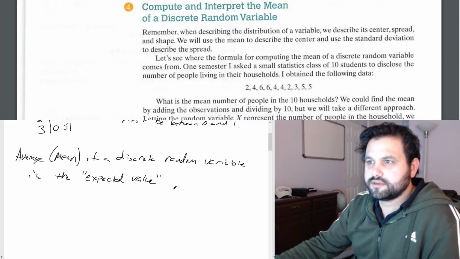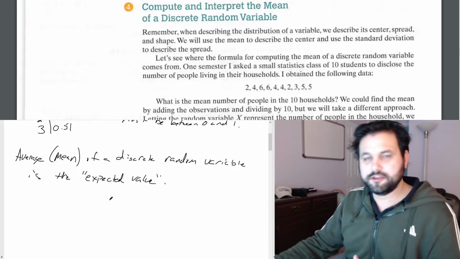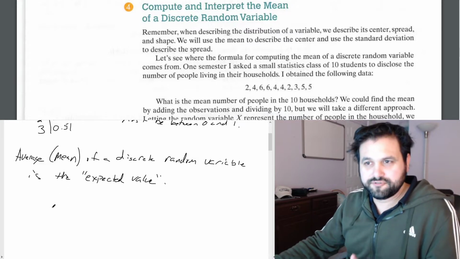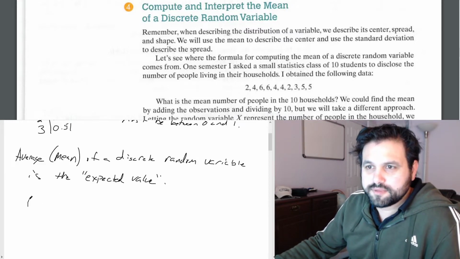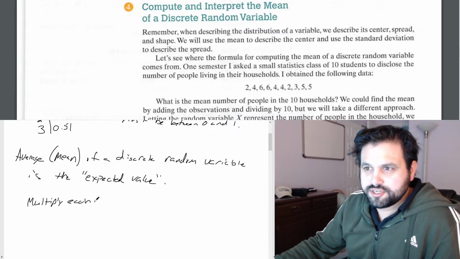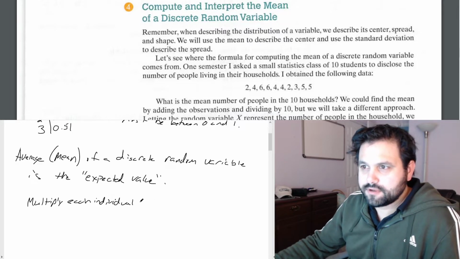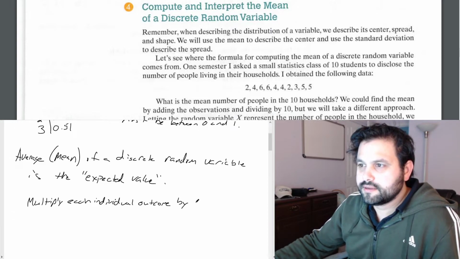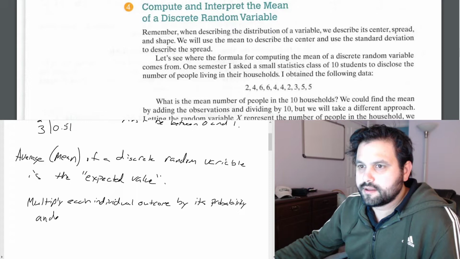I'm just going to use that because we've talked about expected value before. Now I'm going to refresh how we find that, right? We multiply each individual outcome by its probability and add all that up.